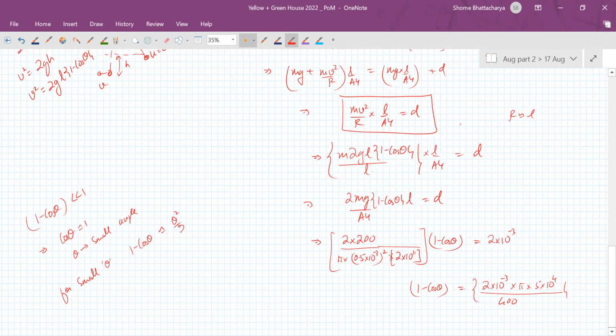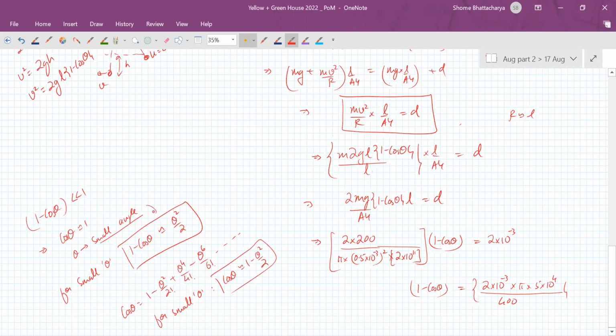It's approximately theta square by 2. Because we have that series now, cos theta can be written as 1 minus theta square upon factorial 2 plus theta to the power 4 upon factorial 4 minus theta to the power 6 upon factorial 6, this series method. So for small theta, we can always approximate cos theta as 1 minus theta square by 2.